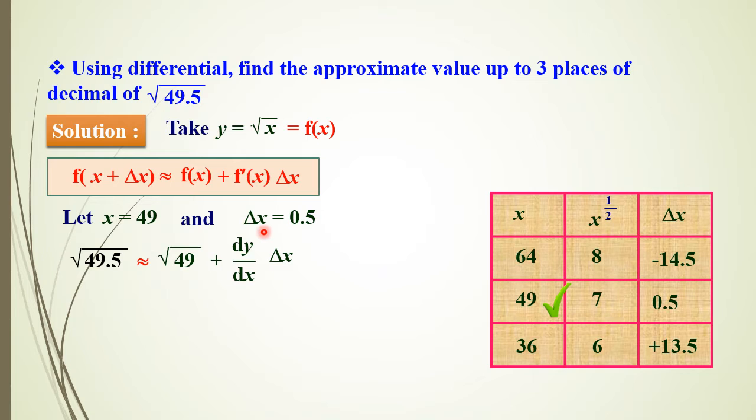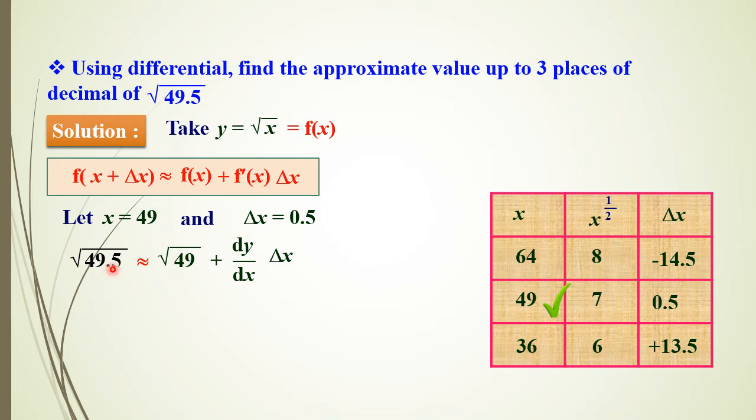Now, after considering x equal to 49 and delta x equal to 0.5, substitute these numbers in the original form. So f of x plus delta x can be written as 49 plus 0.5, which after adding gives 49.5.